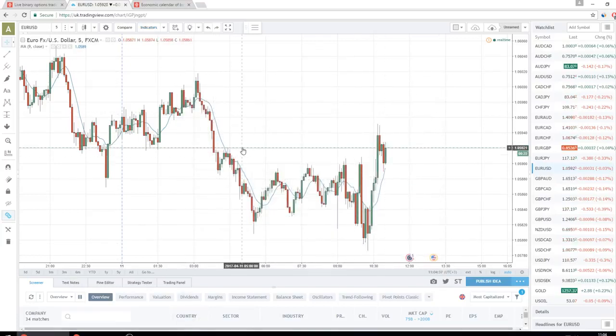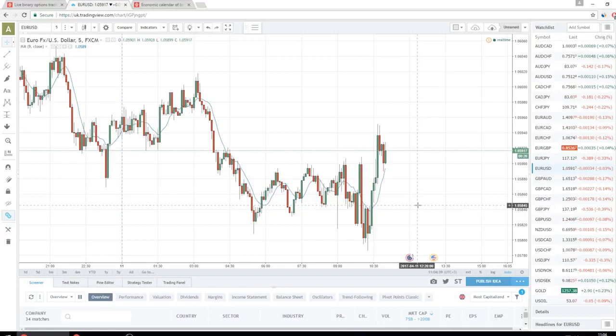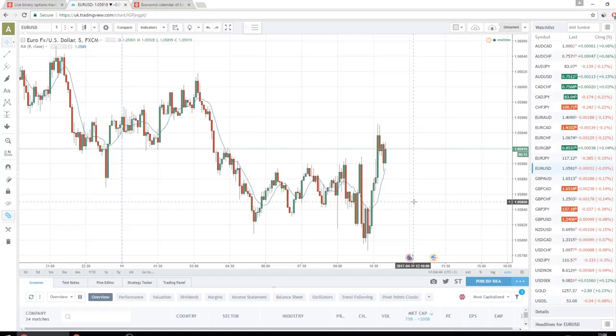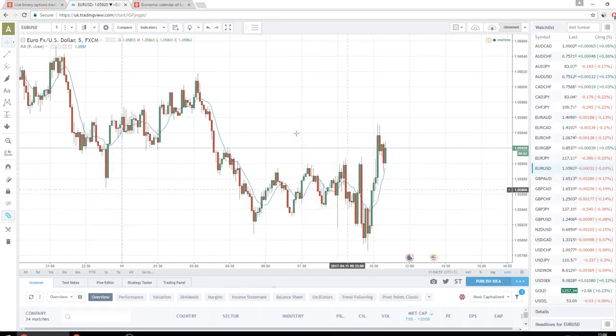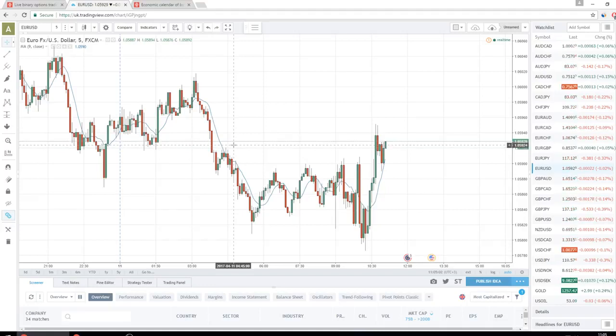So what does this indicator give us, and what is it? As I told you, it's a widely used indicator that helps to smooth out the price action, filtering the noise from the random fluctuations on the market. It's a trend following lagging indicator. So basically it means that it's based on the past prices.